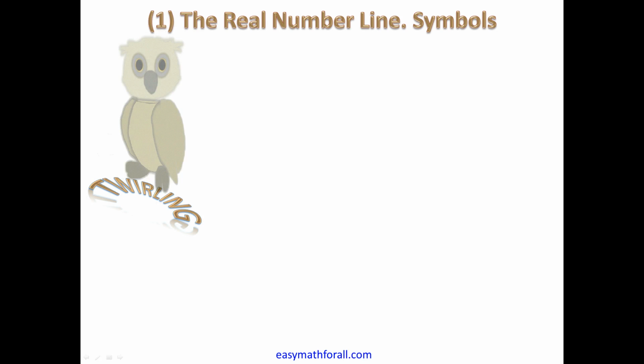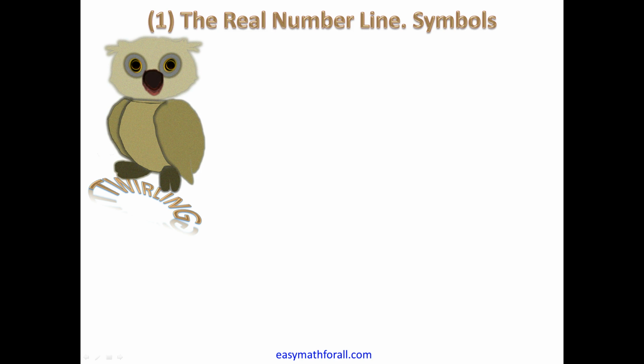Twirling can be very useful if one expression is a variable. Here are some examples of how to use twirling to get an equivalent statement. 2 equals x, or x equals 2. These statements are self-evident.